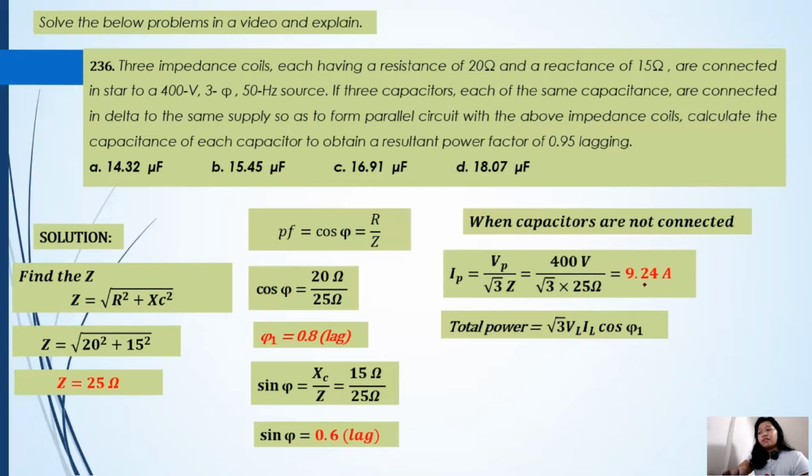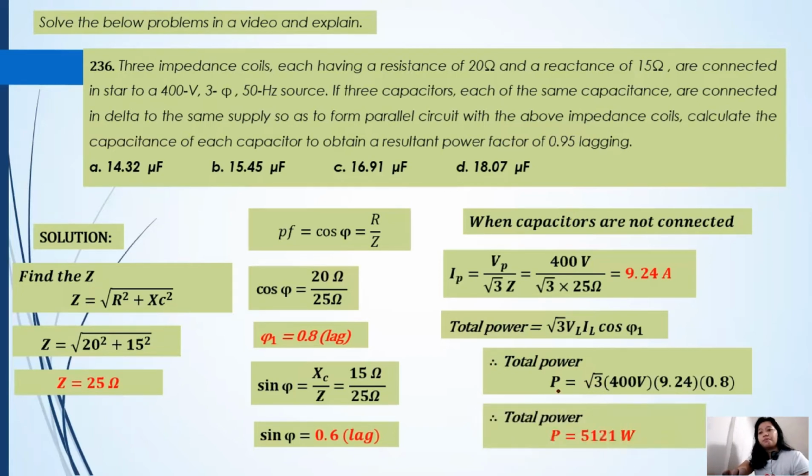Therefore total power P is equal to the square root of 3 times 400 for our line voltage, and our line current is 9.24 amperes, times our cosine phi 1, which is 0.8 lagging. So to solve this, our power is 5,121 watts. So that is for when the capacitors are not connected.